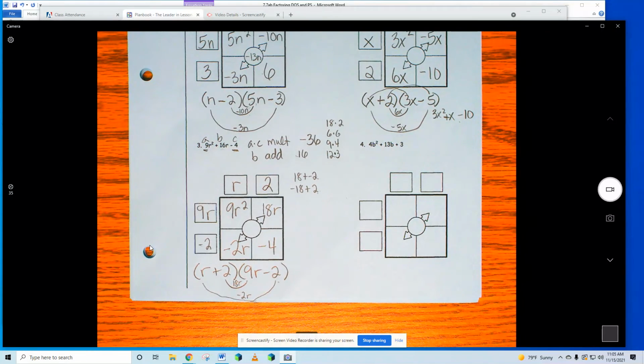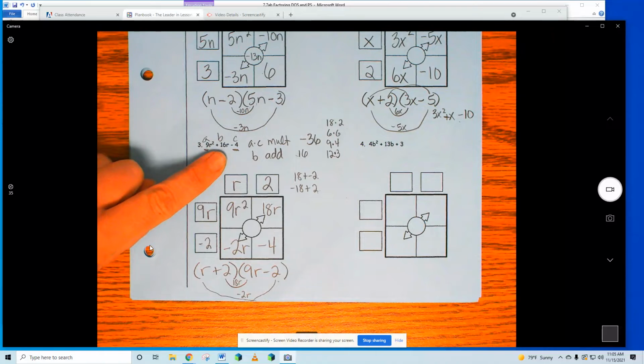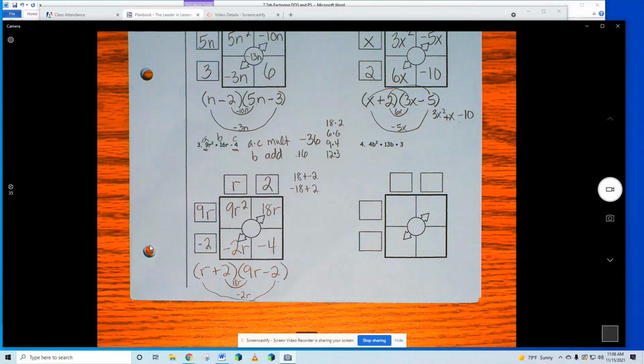Just want to make sure that that's going to get me a positive 16. 18r minus 2r. Is that going to get me the positive 16 that I need up there?